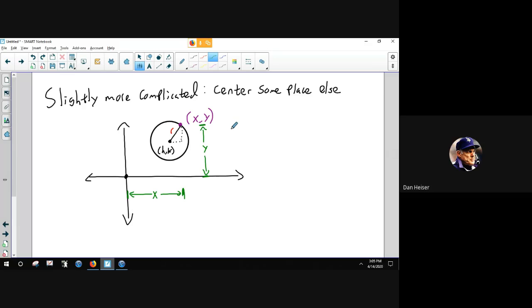H is this distance. It's from the origin to a spot directly below the center. Same thing with k. This is not k. K goes from the center down to here.